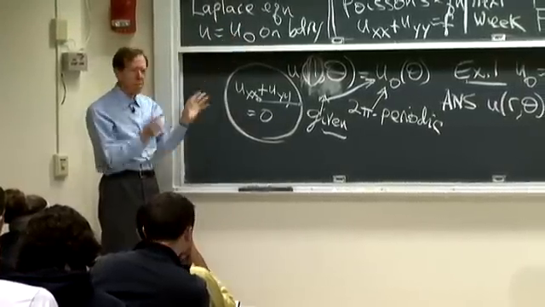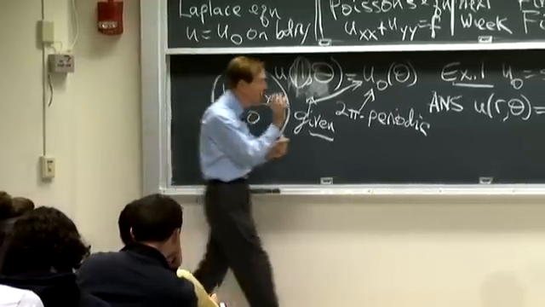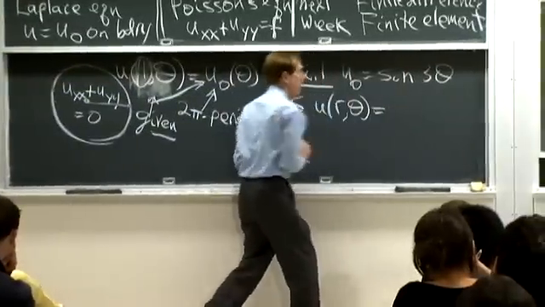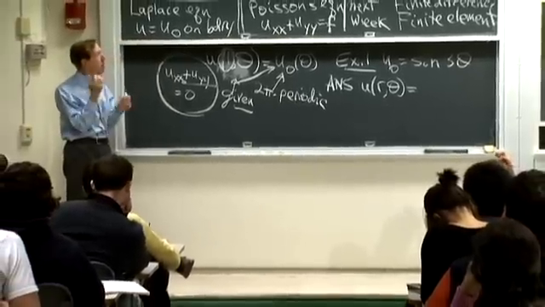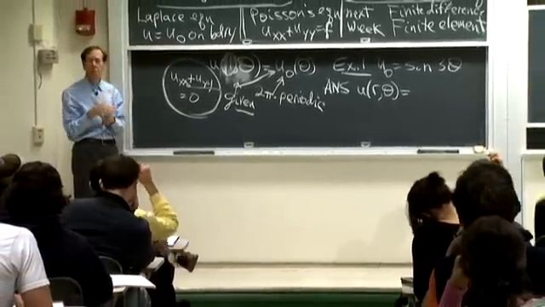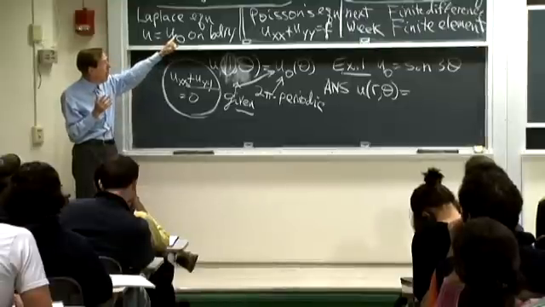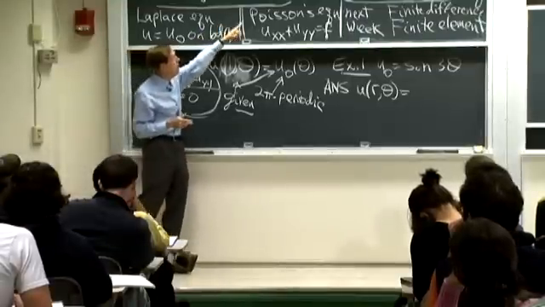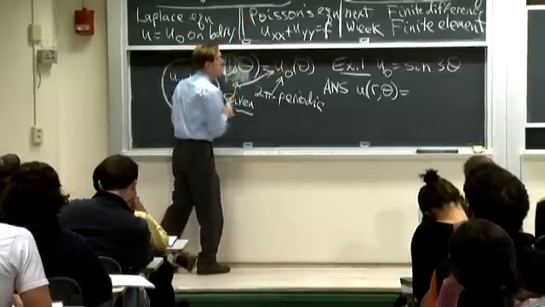Which of those by itself? Here I don't need a series because I've got such a neat u0 function. I'll get it right with one answer. And what is that answer? I look there, I say, what do I do so that at r equals 1, I'll match sine 3 theta?